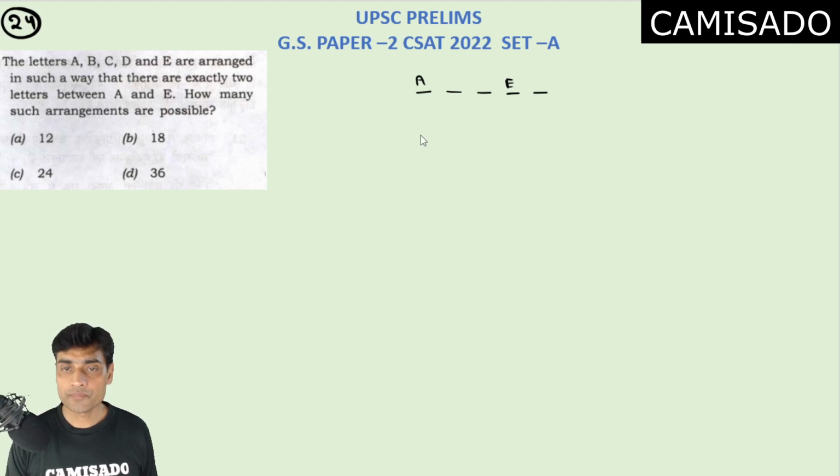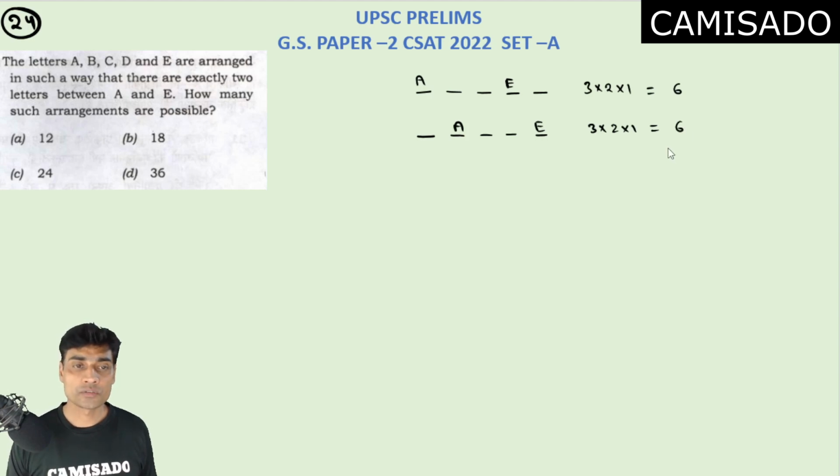Second case can be when A is here and E is here and again this. So in 3 places we have 3 choices. So 3 into 2 into 1, for this one it's 6. Again 3 into 2 into 1, for this one it's 6. So total will be 12.